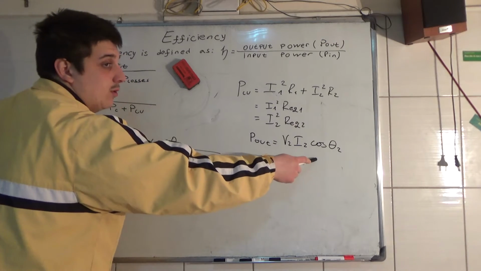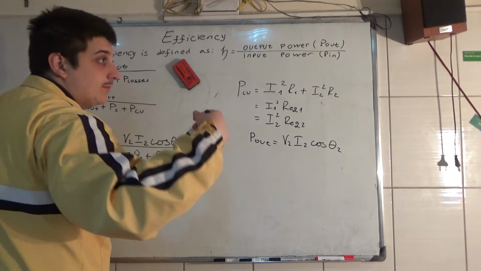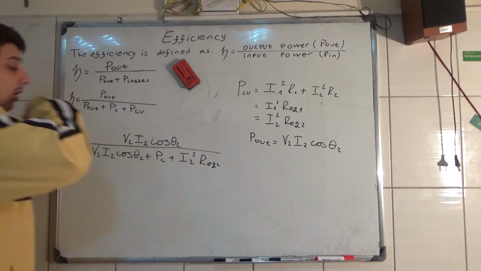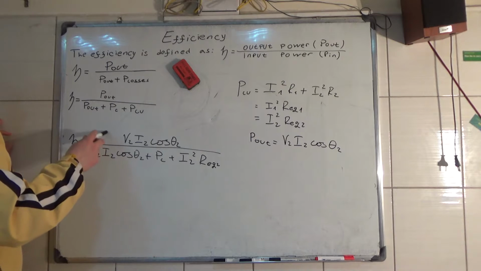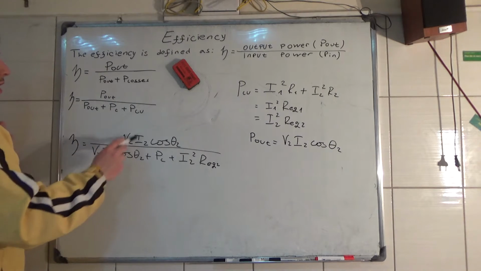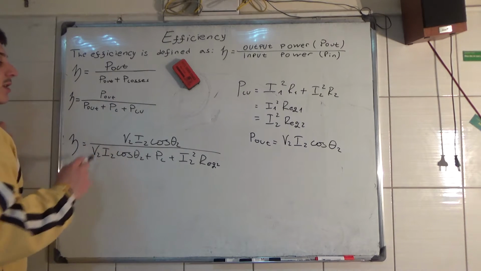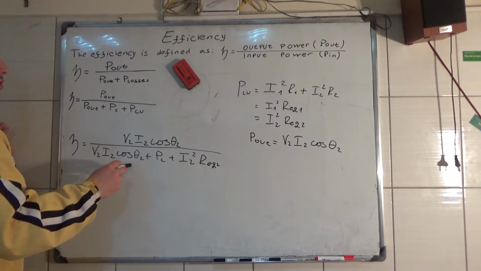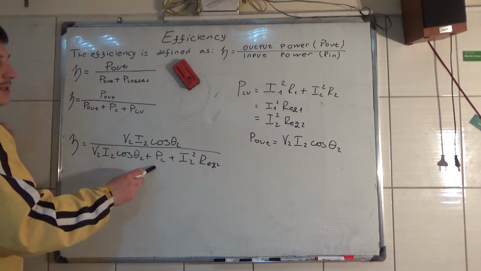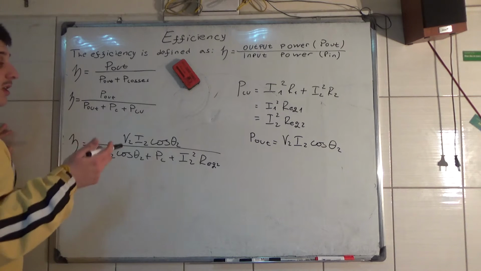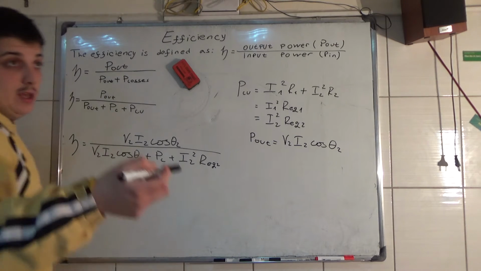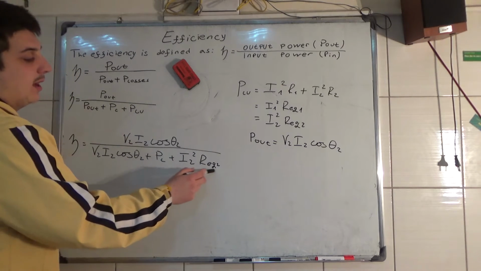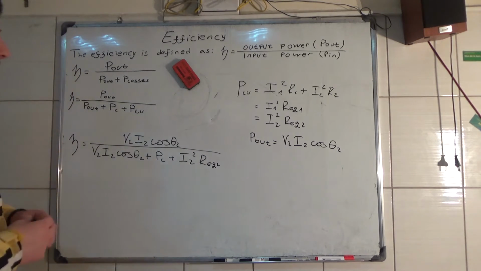This is the power factor of the load, and then we can rewrite the efficiency formula like this: V2 I2 cosine theta 2 divided by V2 I2 cosine theta 2 plus the core losses, which can be measured easily with a wattmeter in the no-load test, plus I2 squared R equivalent 2.